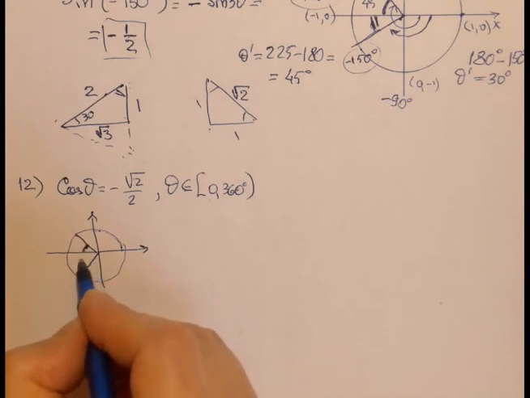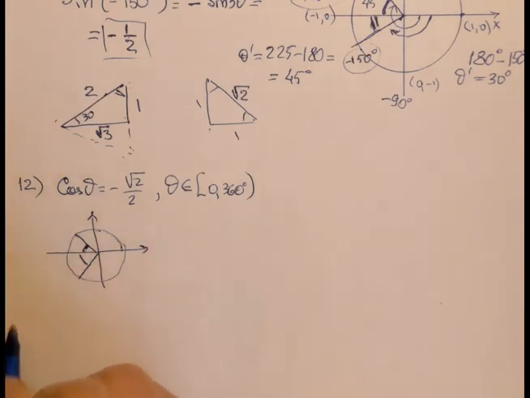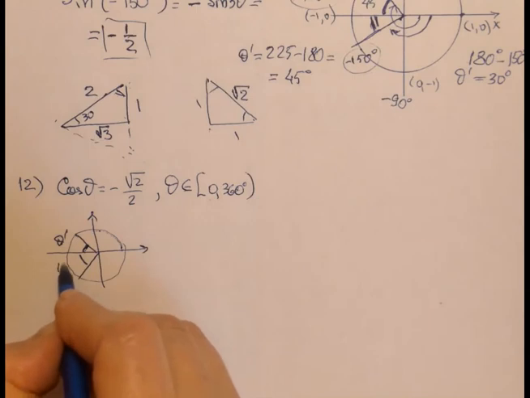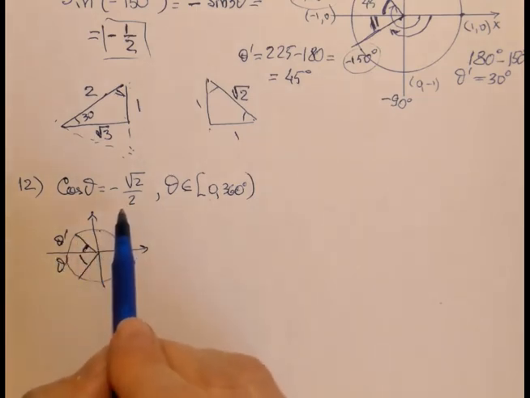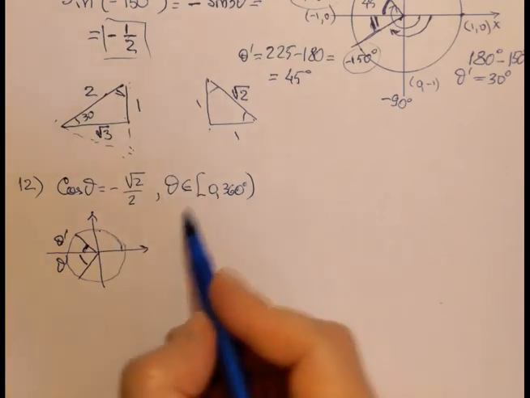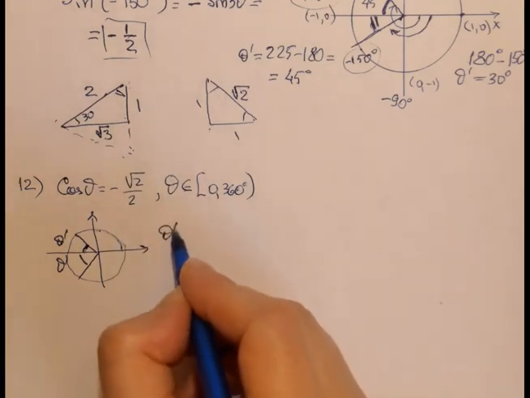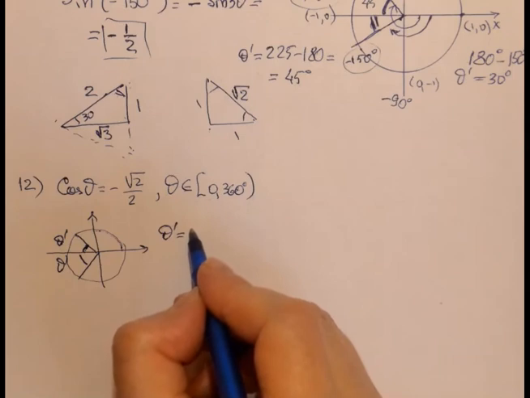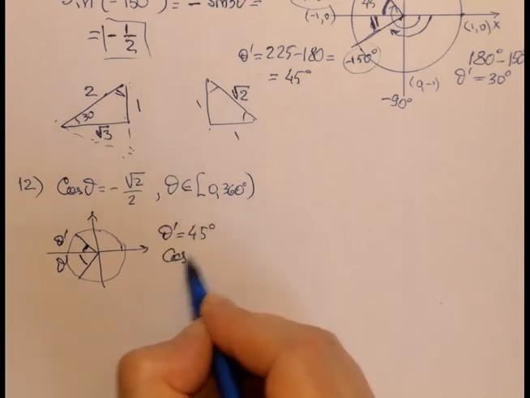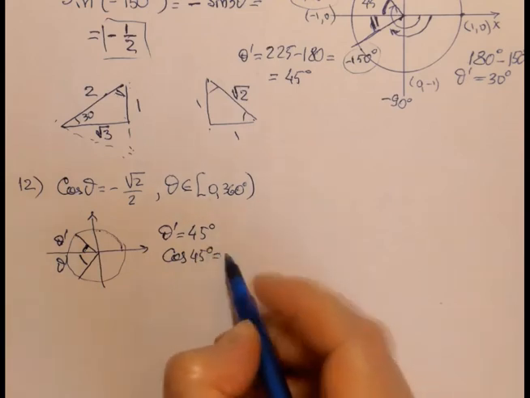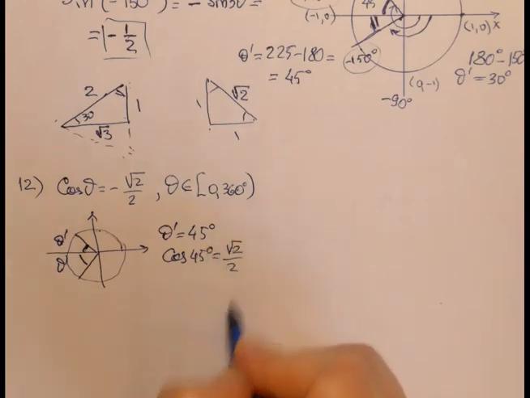So we will get two angles with the same reference angle and both will have cosine equal to negative square root of 2 over 2. On the other hand, we know that theta prime must be 45 degrees since cosine of 45 degrees equals square root of 2 over 2.